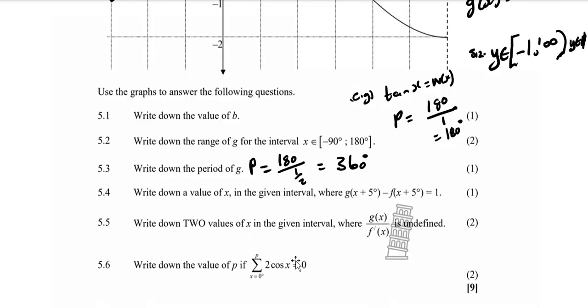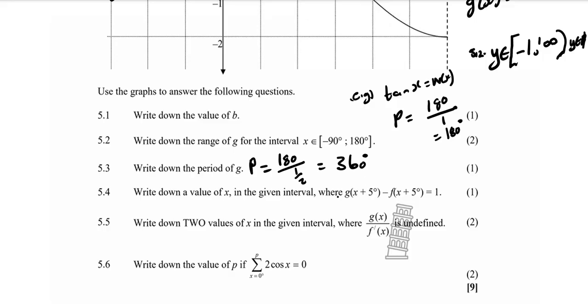So let's go to 5.4. Write down the value of x in the given interval where g of x plus 5 minus f of x plus 5 is equal to 1. First of all, when you see something like this, they shifted our graph 5 units to the left.